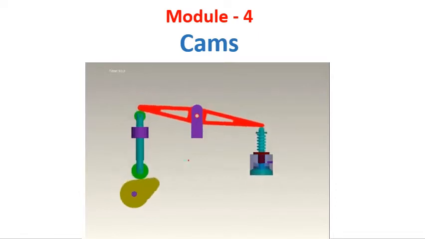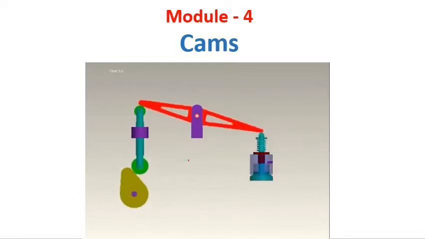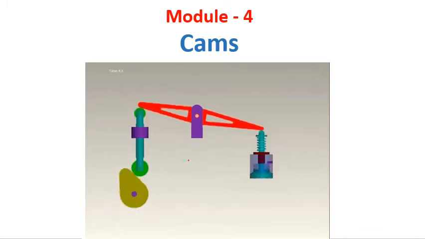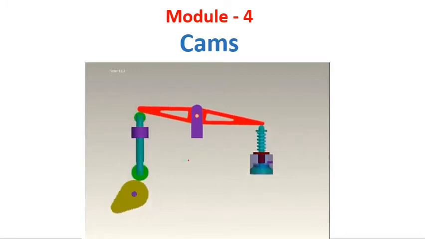As I mentioned, they are used in inlet and outlet valves of an IC engine, paper cutting machines, printing machines, automatic lathe machines, etc. Due to various cam geometries and a large number of cam and follower combinations, the cam is a versatile mechanical element.